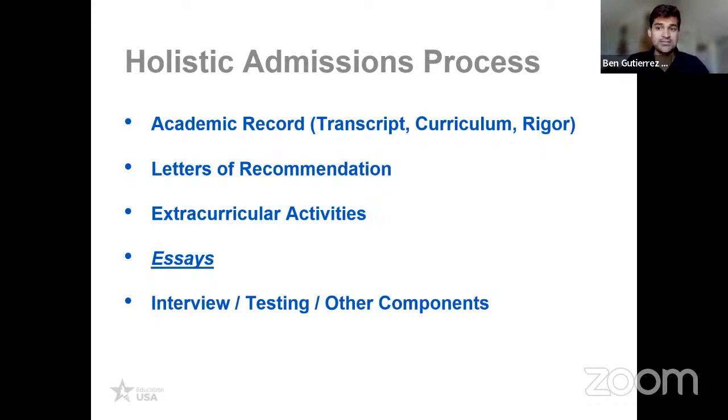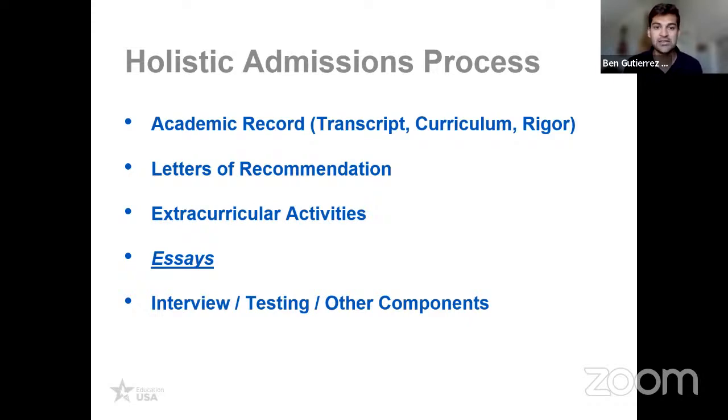But really, the holistic admissions review also includes those more qualitative components, those storytelling elements. And while we will be focusing on the essays today, there are other places in the application where we work to understand how the student is exhibiting things like academic curiosity or a desire to engage with their community.